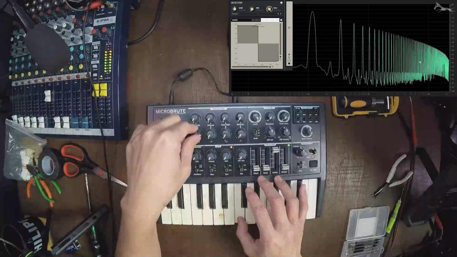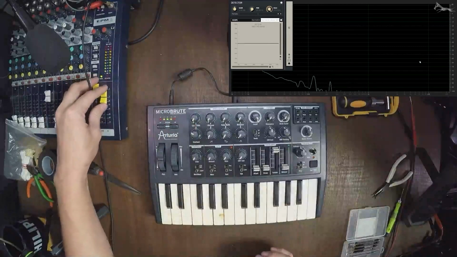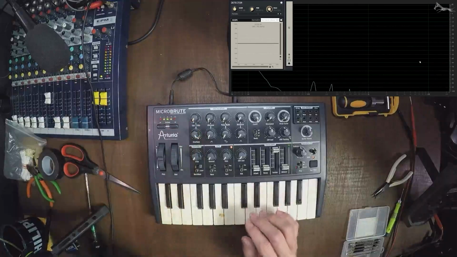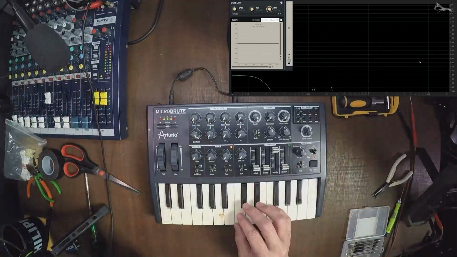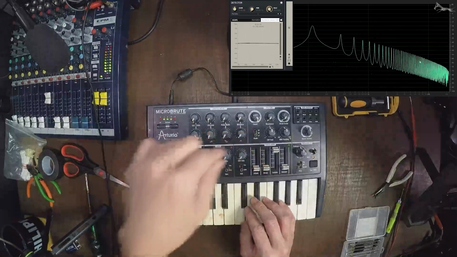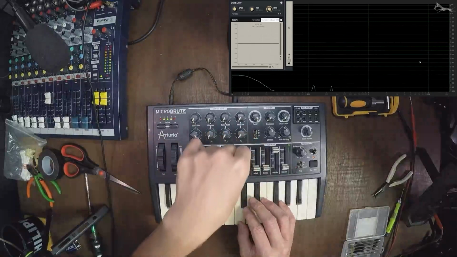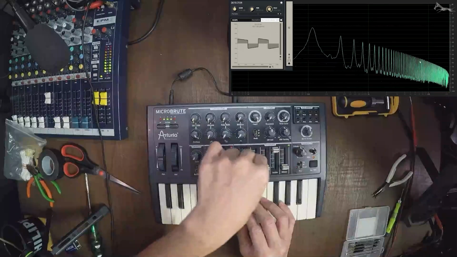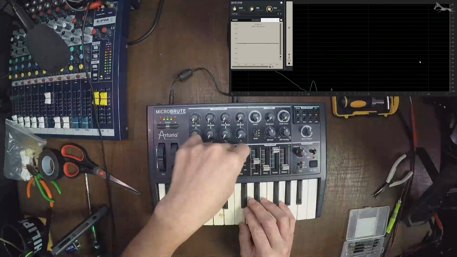Okay, yeah, that's too hot. Okay, cool. Oops. Okay, envelope amount to VCA.